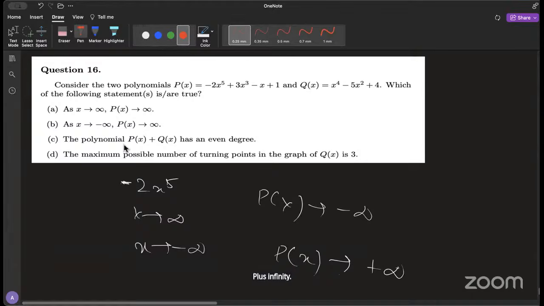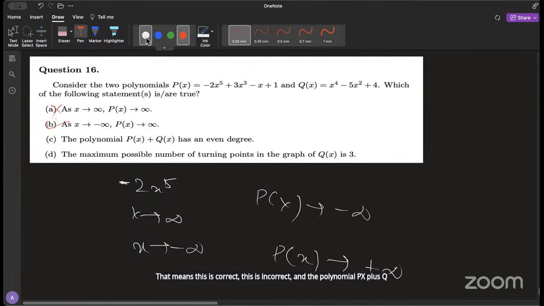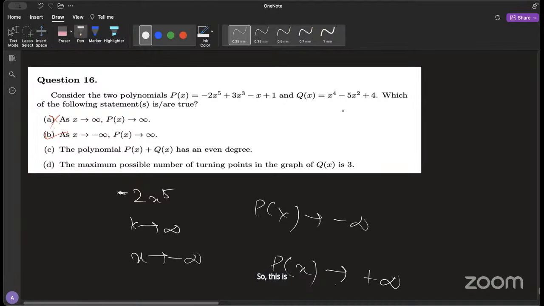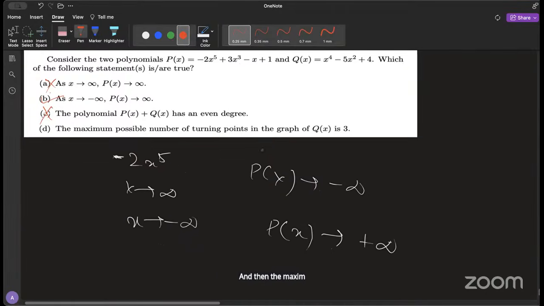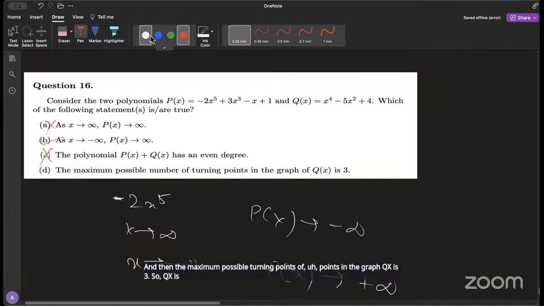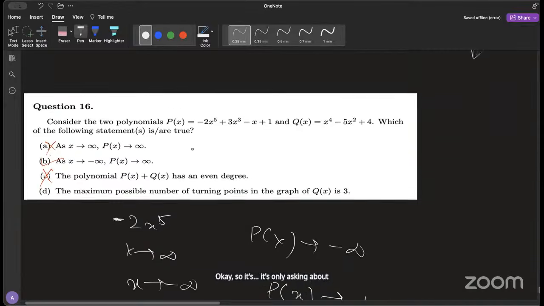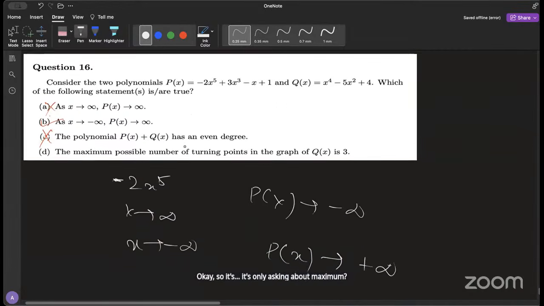That means this is correct. The polynomial p(x) plus q(x) has even degree? No, odd degree. So it has an odd degree, this is incorrect. And the maximum possible number of turning points in the graph of q(x) is 3. Yes, true. It's only asking about maximum, so that's fine.